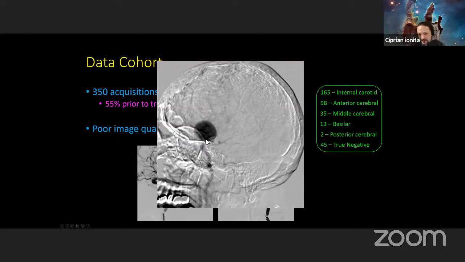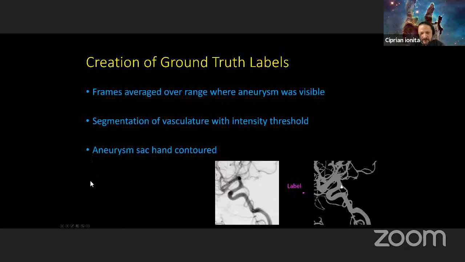One other thing AI could be used for in these cases is actually fixing this kind of artifacts. And then what we did, we processed every single sequence to increase the signal of the aneurysm's neck. Then we had the neurosurgeons, or fellows, not the actual attendings, fellows and residents and scientists, go through every single one and hand contour the aneurysm.